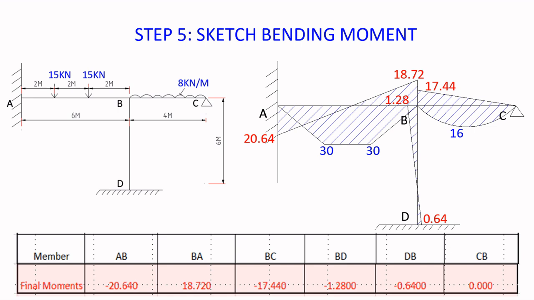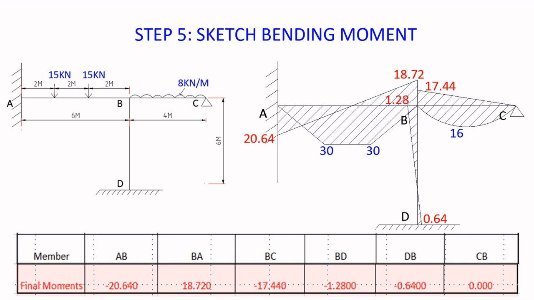I've indicated the values for the hogging moments in red, and for the sagging moments in blue. So all the values that are in red are hogging, and all the values that are in blue are sagging. So hogging red, sagging blue.